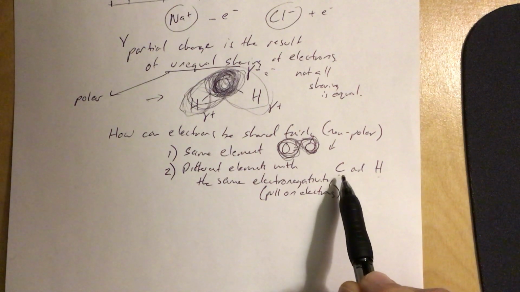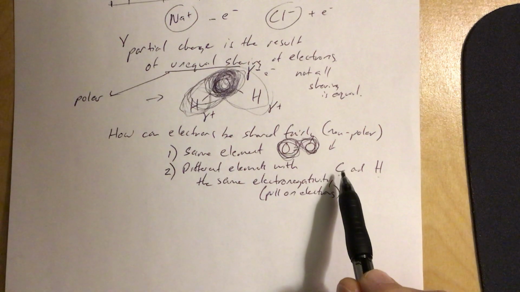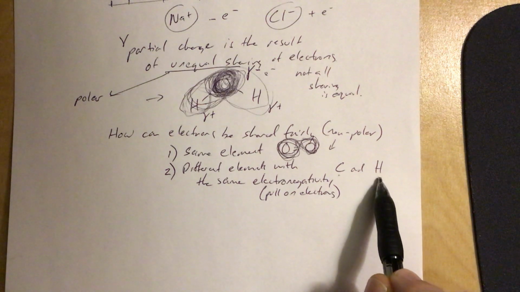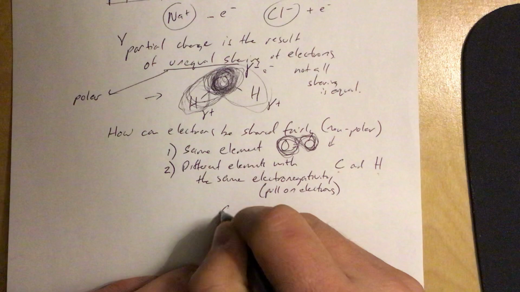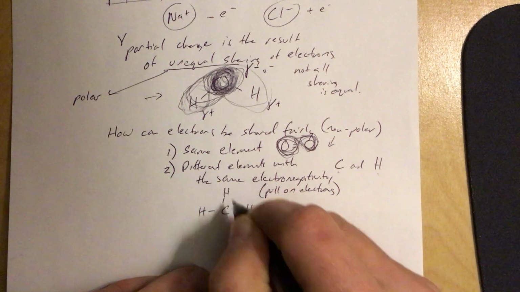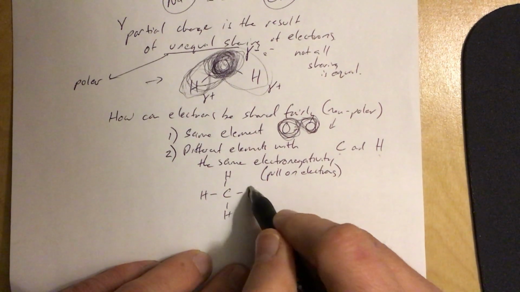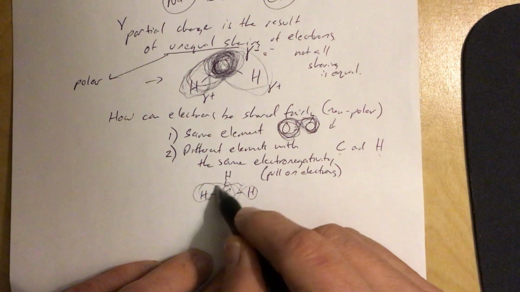Because of the way that the electrons are distributed within carbon and the way that the protons and neutrons are distributed, it displays the exact same electronegativity as hydrogen, which means that if you get carbon and hydrogen to bond together in any way, when there's no other things that are bonded to it, the electrons get shared fairly in all directions.